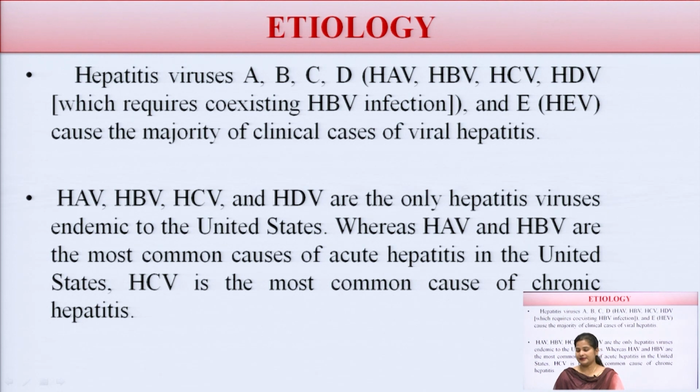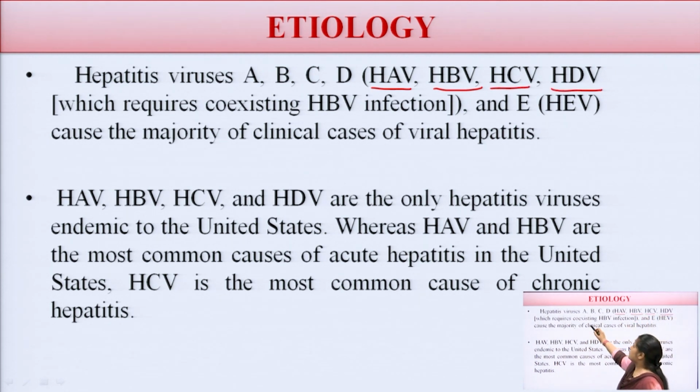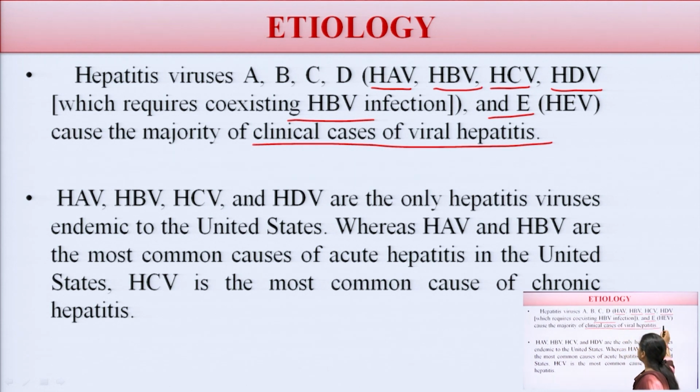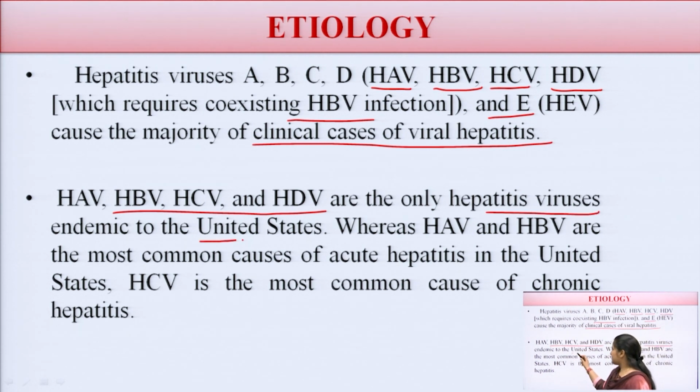Now, the hepatitis viruses are A, B, C, D. We denote them as HAV, the hepatitis A virus. Hepatitis B is HBV, then HCV, and HDV, which requires co-existing HBV infection, and HEV. These cause the majority of the clinical cases of viral hepatitis.